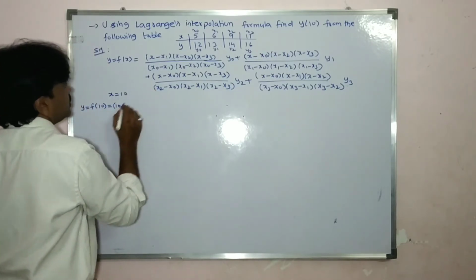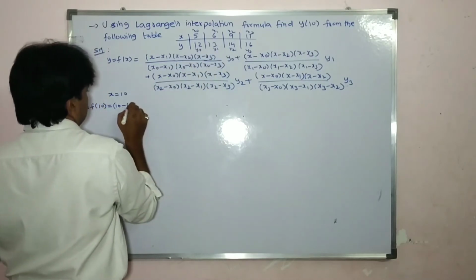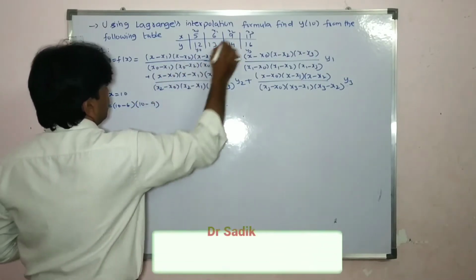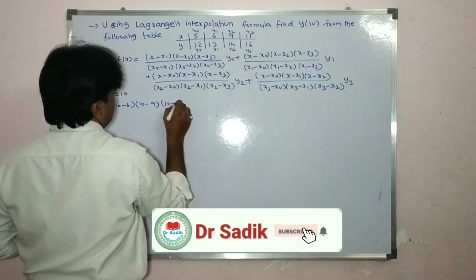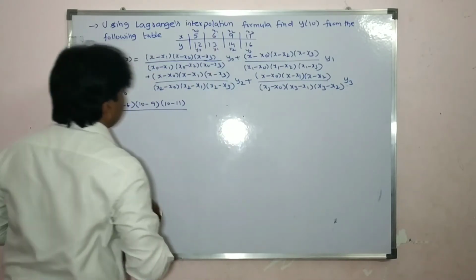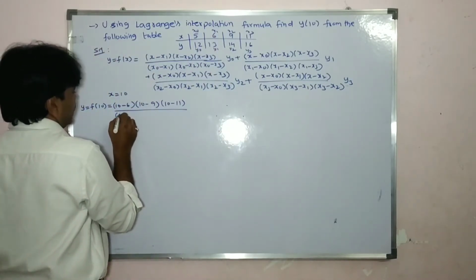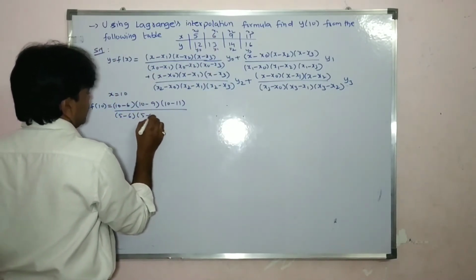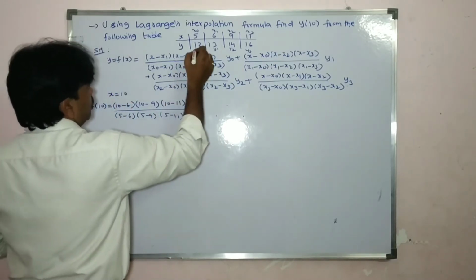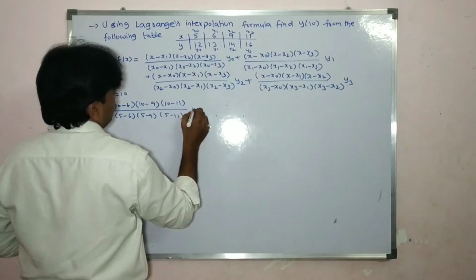So (10 minus 6)(10 minus 9)(10 minus 11) divided by, you write 5, (5 minus 6)(5 minus 9)(5 minus 11) into y0. What is y0? 12.